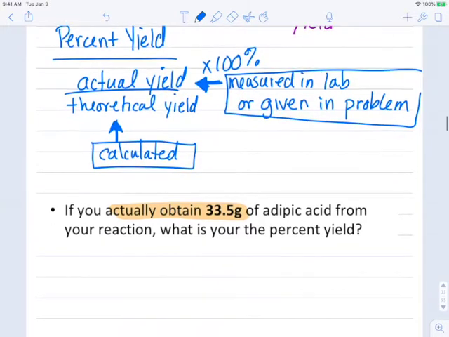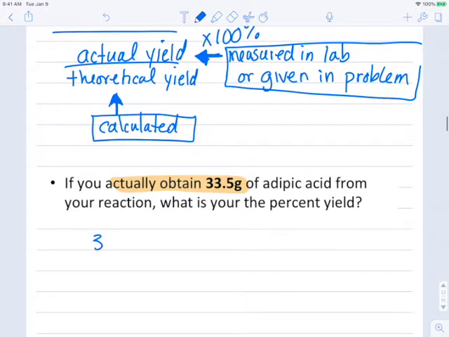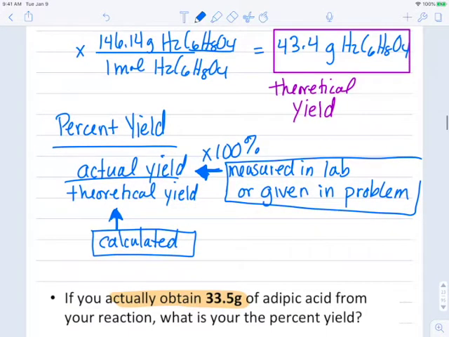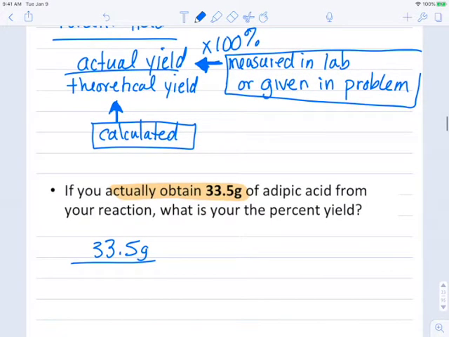So I'm going to put that 33.5 in the top, divided by what we thought we were going to get, 43.4. And we're going to multiply times 100%.